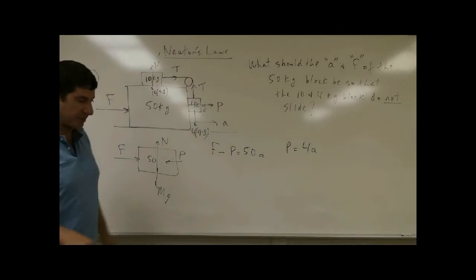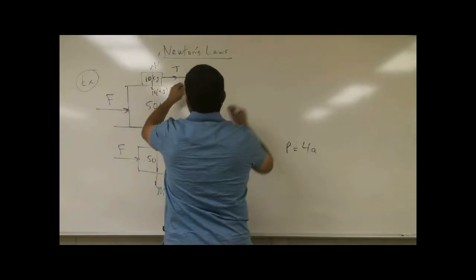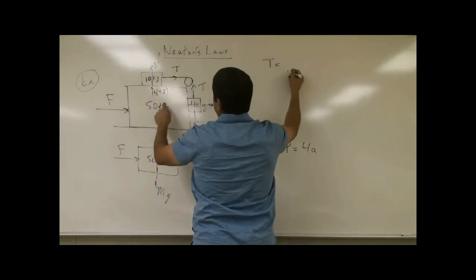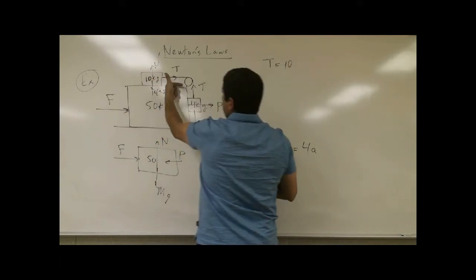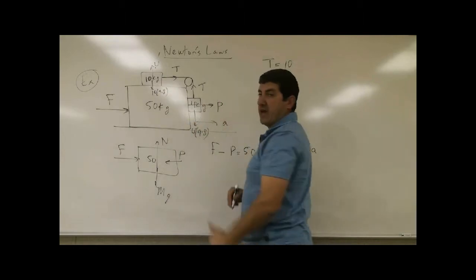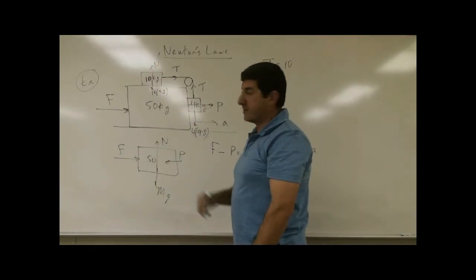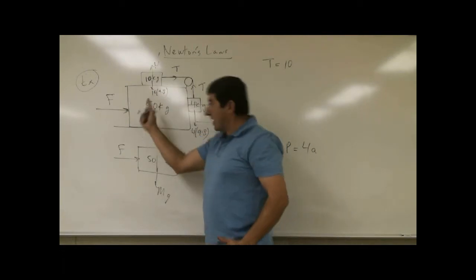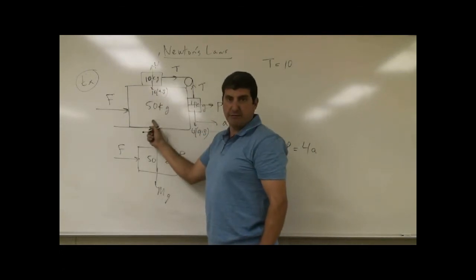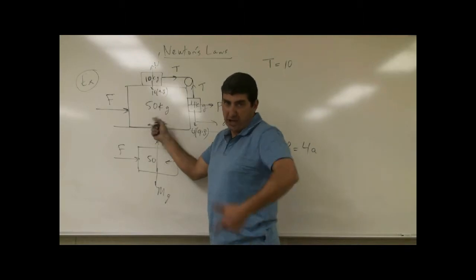So what's going to happen now? In the horizontal direction, we're going to have T is equal to 10 times, and then you want the 10 kilogram to accelerate forward again with an acceleration of A. Therefore, if it accelerates forward with an acceleration of A, it will not slide relative to the 50 kilogram block, or table.